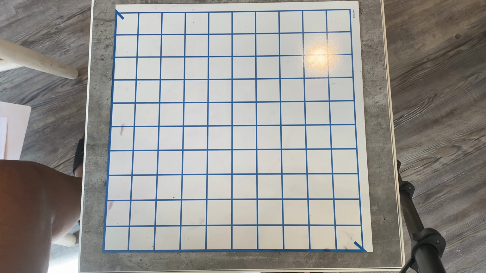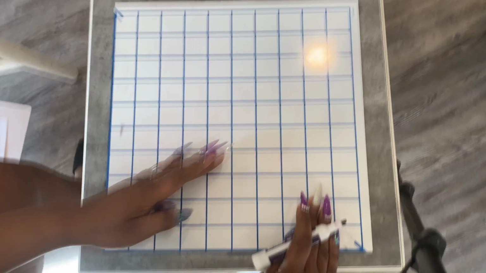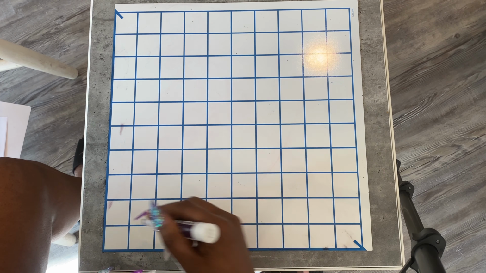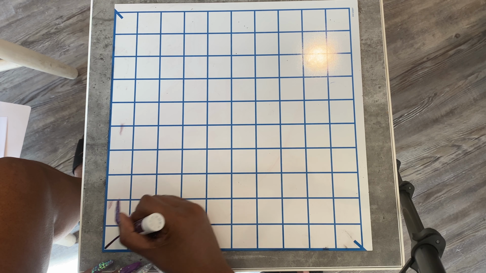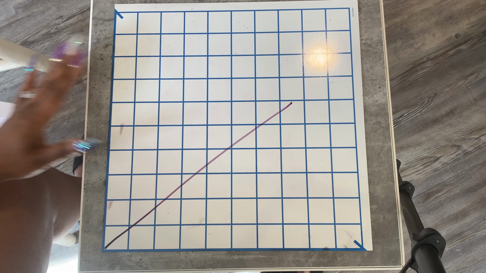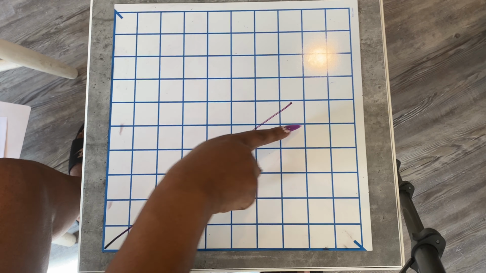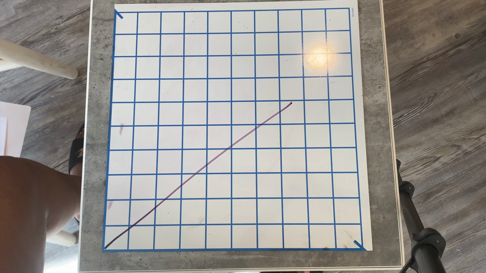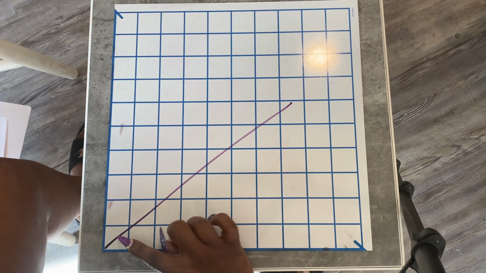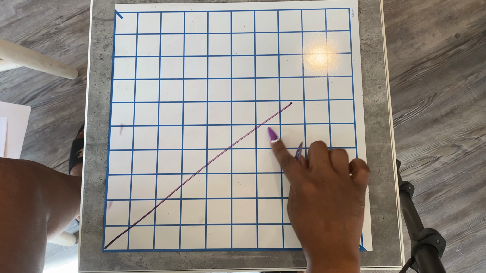What if I just have a line right here? Now we're going to look at distance and time. So if I were to try and interpret or analyze this graph, what could be going on here? What I would say is that there is an object that is moving and the rate is constant.